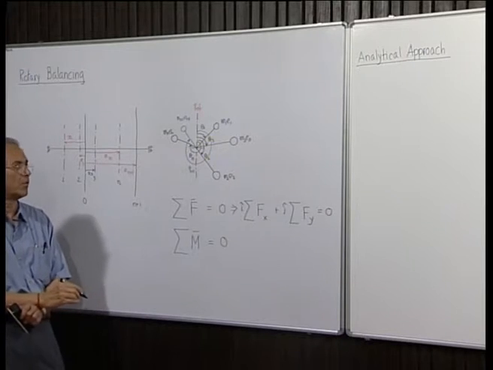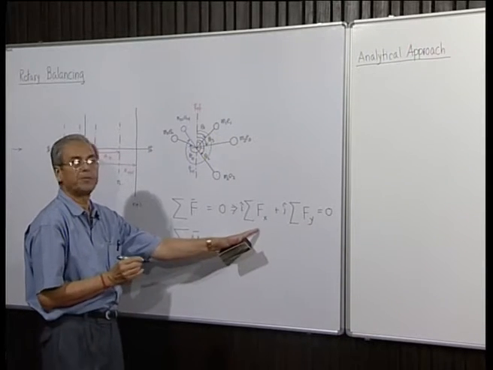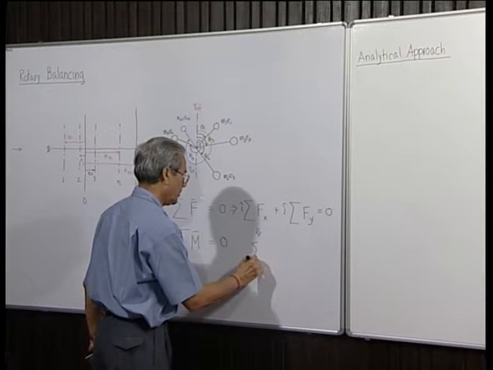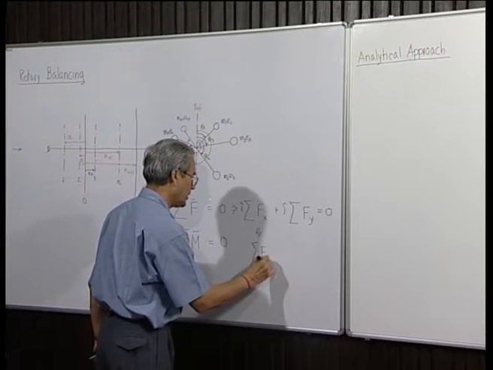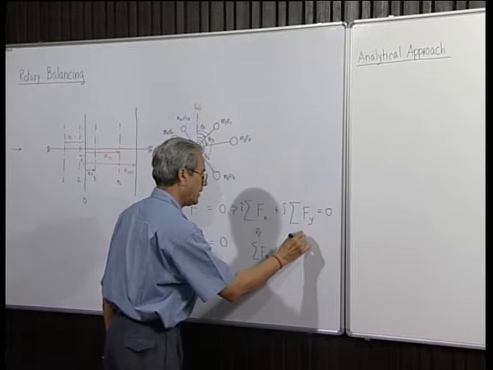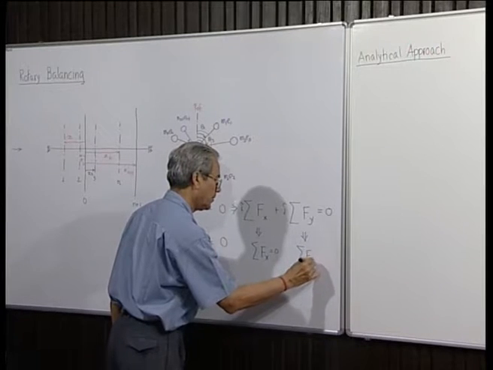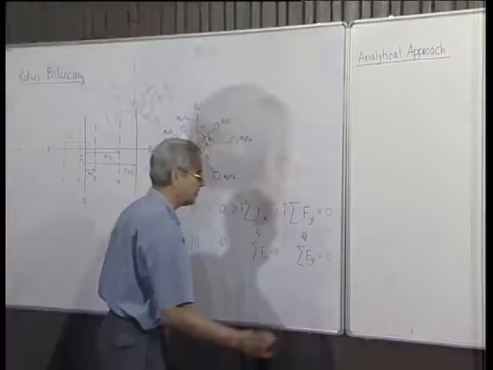And this will be 0 if and only if both the sum of the x components is 0 and the sum of the y components is 0 individually.